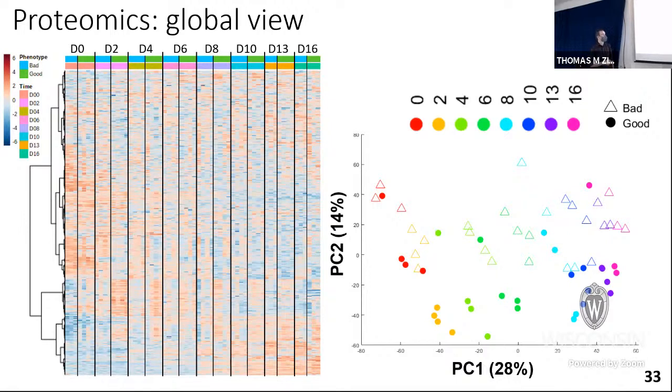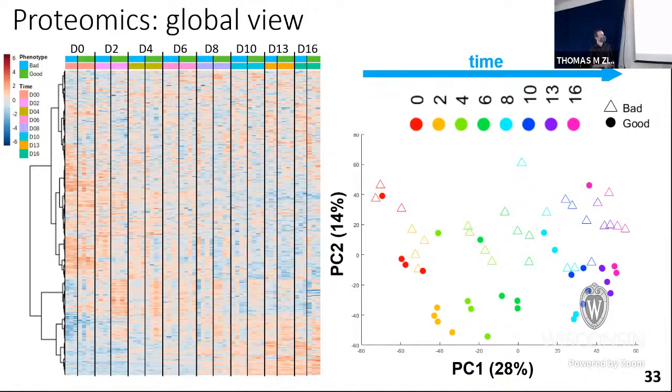This is an agnostic technique, so we don't provide any of this information when we're creating this graph. It doesn't know what sample is what. It just knows it's trying to maximize the spread of the data. What we see here is we actually get this difference in time. If we look at principal component 1 here, which explains 28% of the variance in this entire data set, it actually regresses with the time.